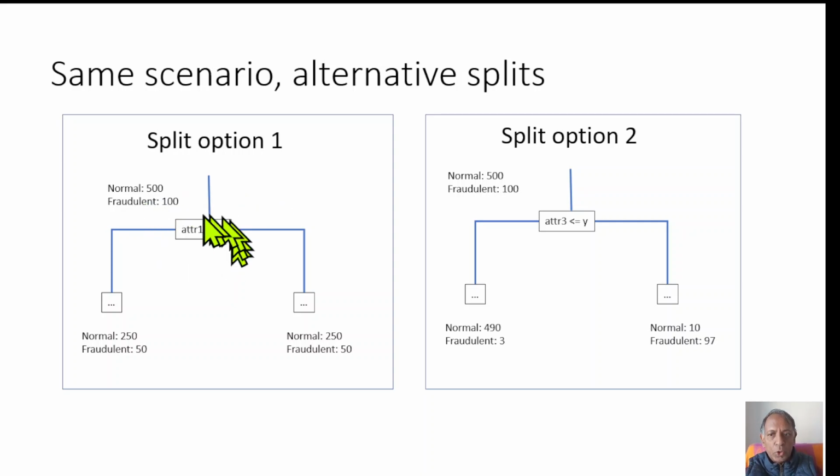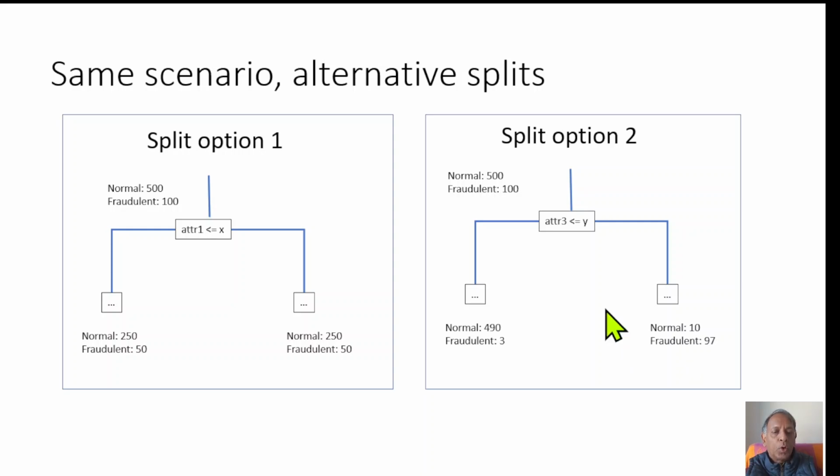So one option is to split like this, and then you end up getting two buckets in which the composition is almost the same, in fact exactly the same as the original, whereas here you see the composition of the two buckets was extremely homogeneous. This was mostly normal and this was mostly fraudulent. Okay, and we preferred this.